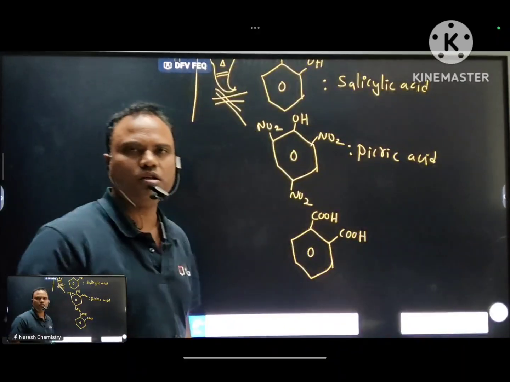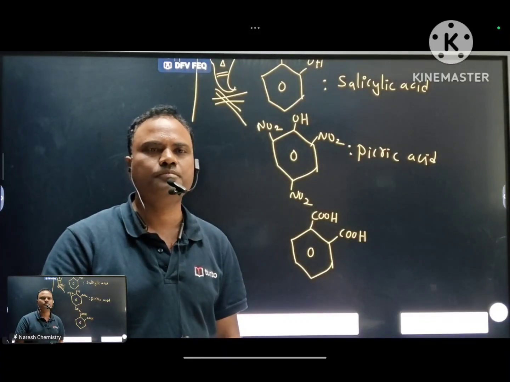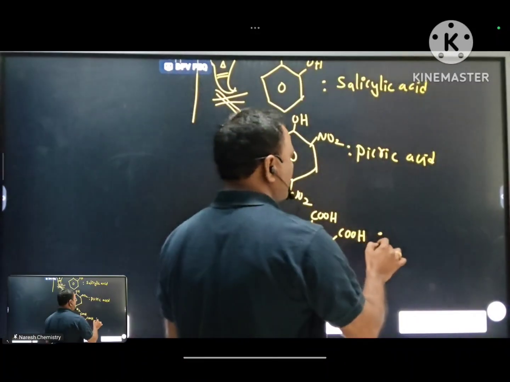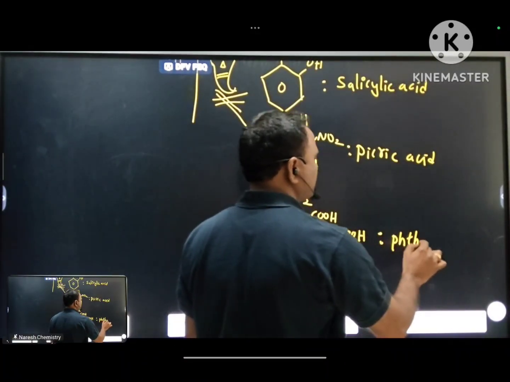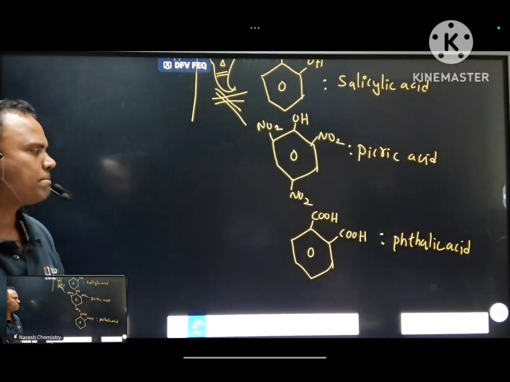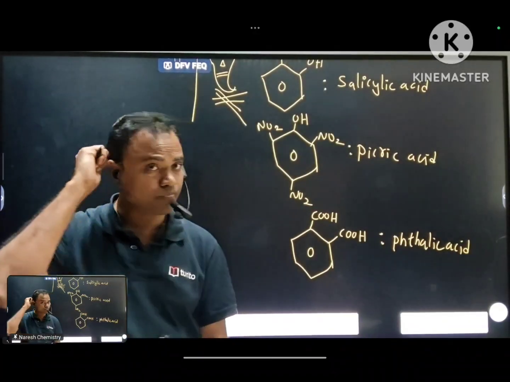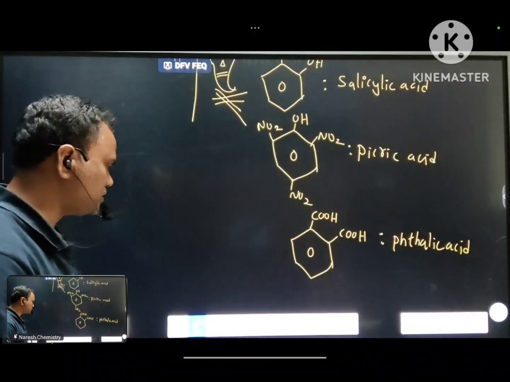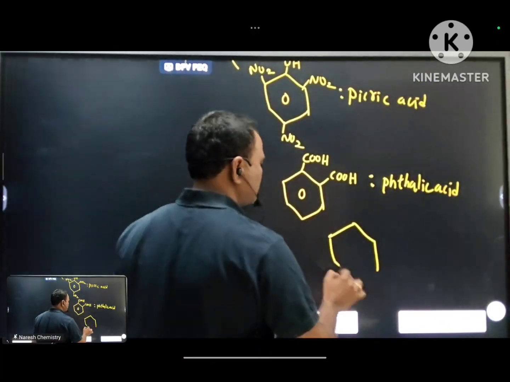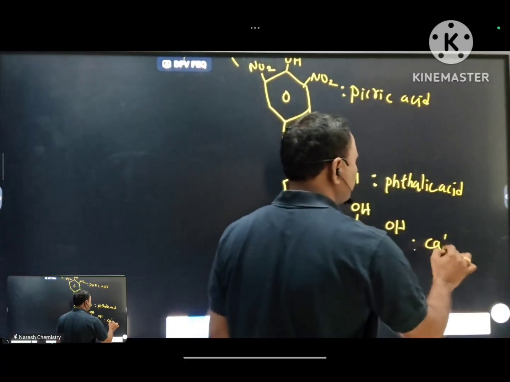If two COOH groups are present at adjacent positions, that is phthalic acid. Phthalic acid contains COOH groups in the ortho position. In phthalic acid also, intramolecular hydrogen bonding is present. If two OH groups are present side by side, that is called catechol.